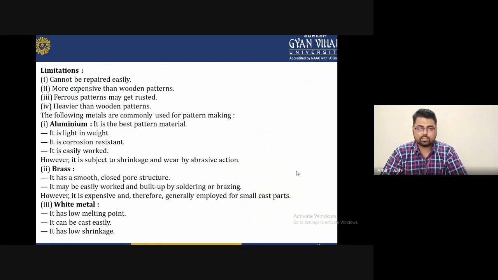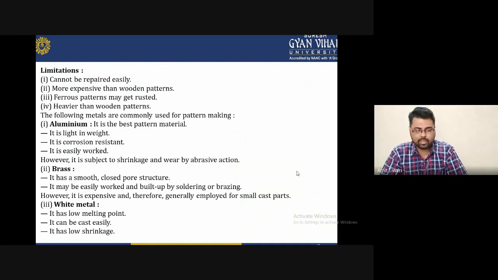However, it is subjected to shrinking and wear by abrasive action. Aluminium is commonly used because it is lightweight, easily available at a low price, and corrosion resistant. So these are the advantages of aluminium.